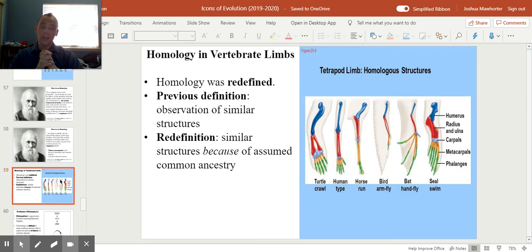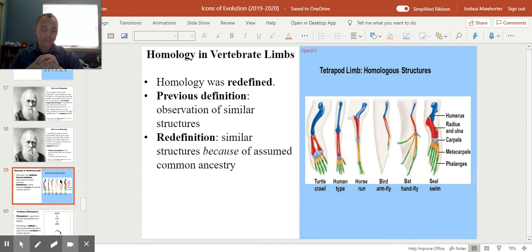Number one is the logical fallacy of the non sequitur, which is it doesn't follow. That's that one thing does not necessarily connect and link to the next thing. And that is one of the issues here: because the human hand and the rest of these structures are similar, therefore they have a common ancestor. Well, that key therefore doesn't necessarily follow. It could, I'm just saying it doesn't necessarily follow.